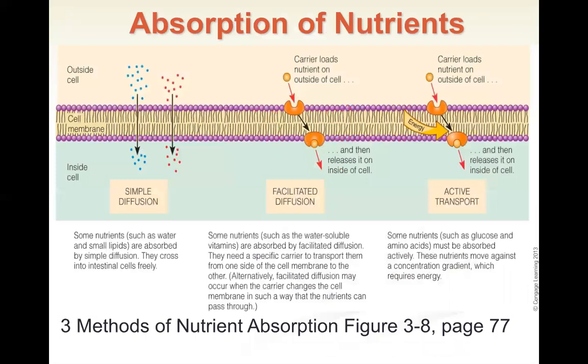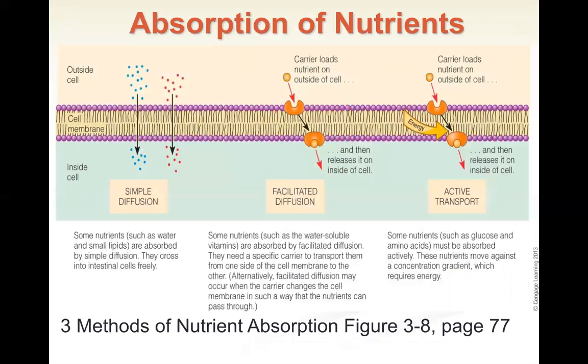How do we absorb nutrients across these cells? So there are three main routes of absorption. The first one is simple diffusion, and in simple diffusion, nutrients can pass freely across cells. There's no energy required, no transport molecule required, nothing like that.